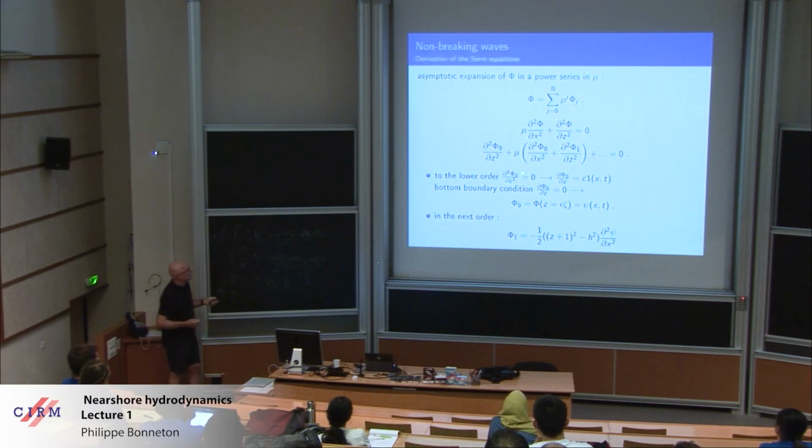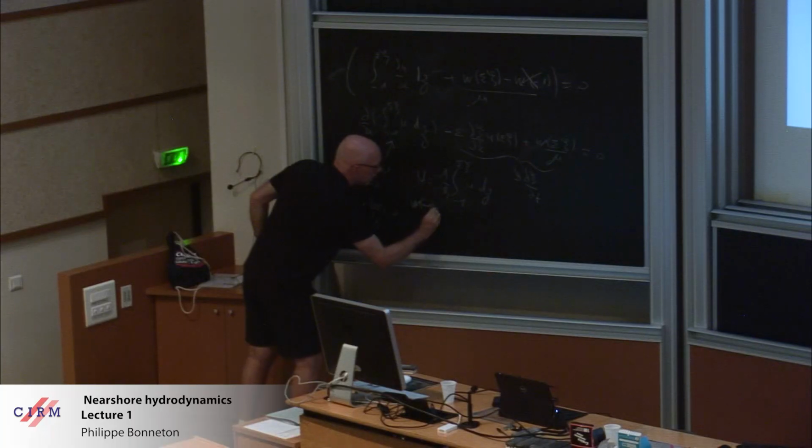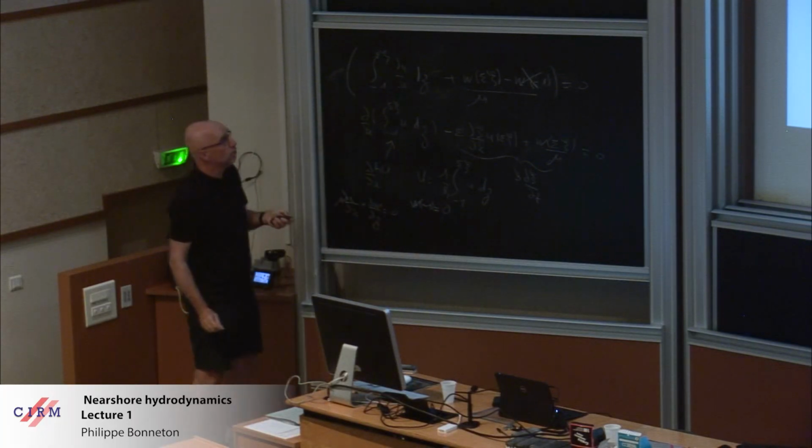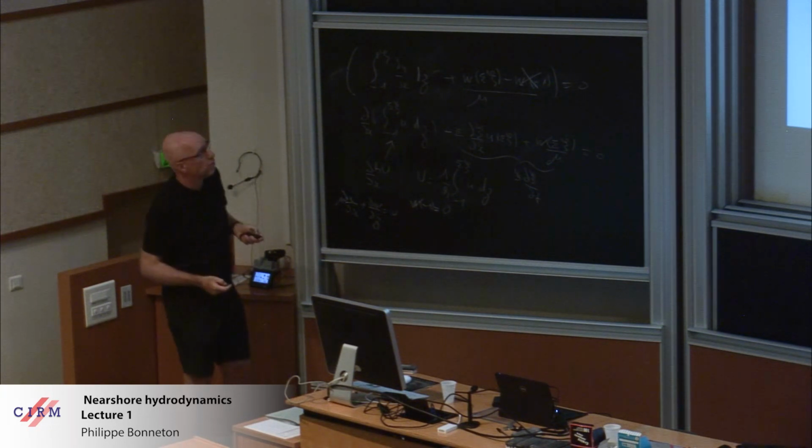And at the first order, you have that the second derivative of phi 0 is equal to 0. So the gradient of phi 0 is a function of x and t. But due to the boundary condition at w minus 1 equals 0, the gradient is equal to 0 everywhere.